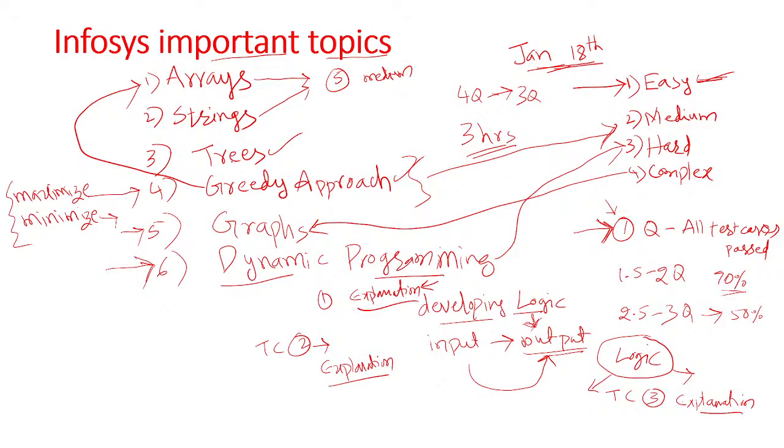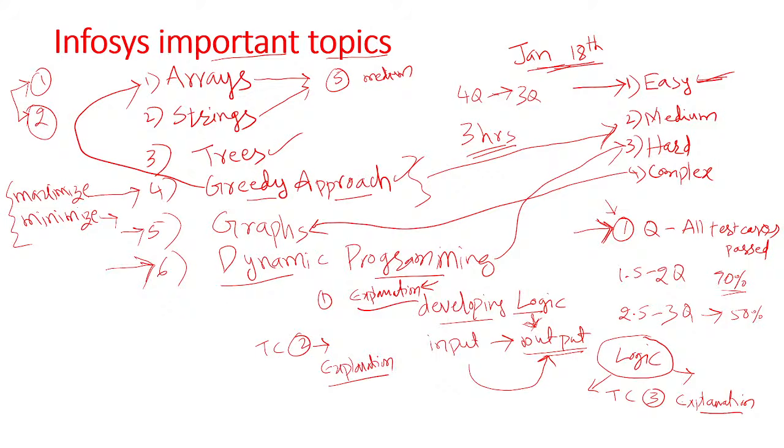In my previous videos, I have explained greedy approach problems, and those problems also involve arrays. So there are fair chances that question number one and question number two may both be from arrays.